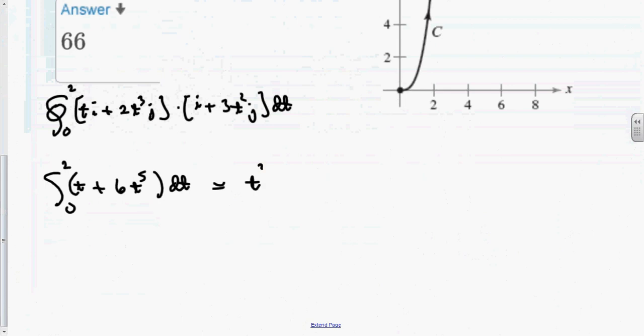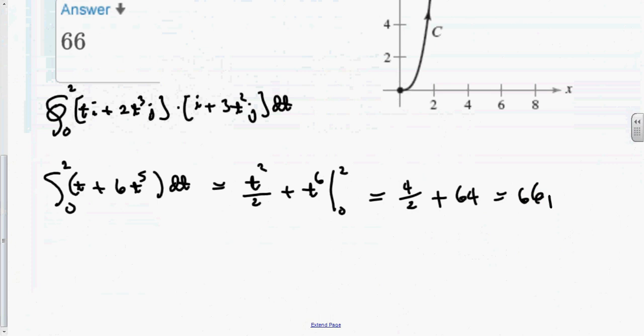So this is t squared over 2 plus t to the 6th, evaluated from 0 to 2. So this is 4 over 2 plus 64. We just get 66. Okay. Good.